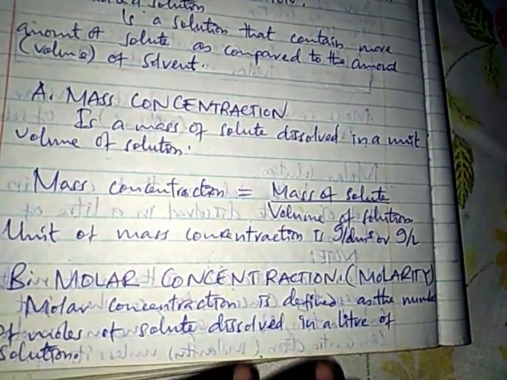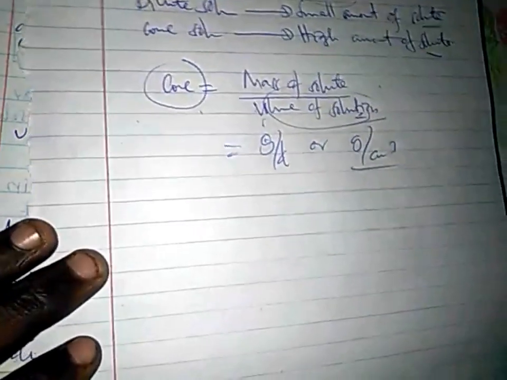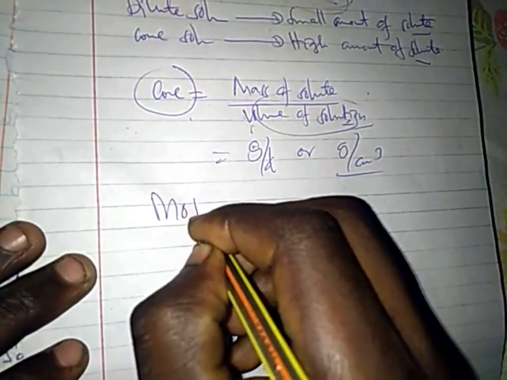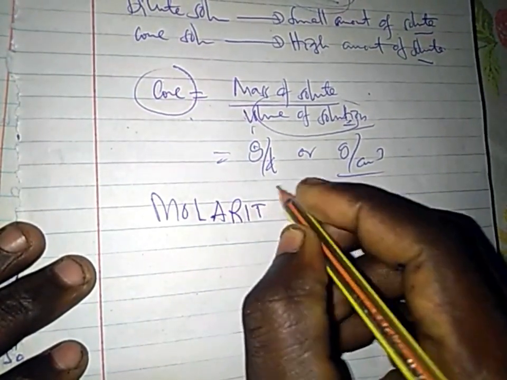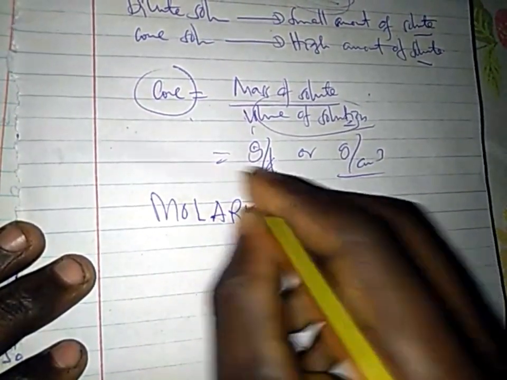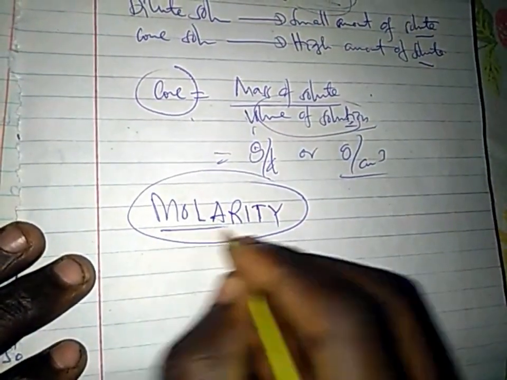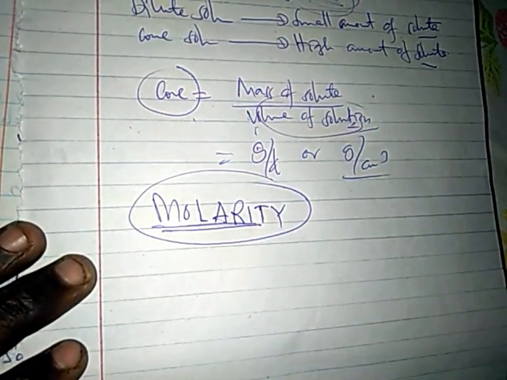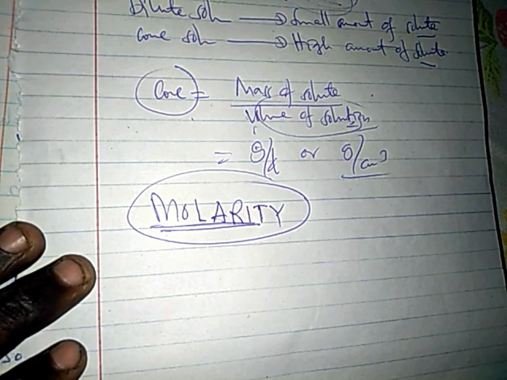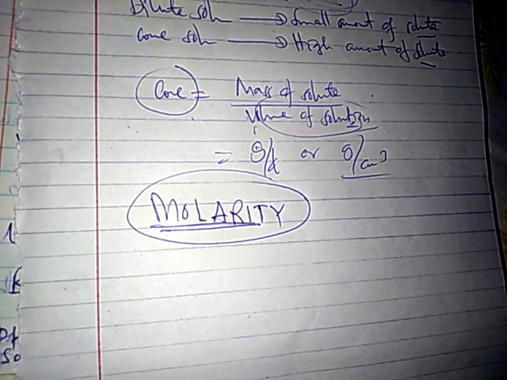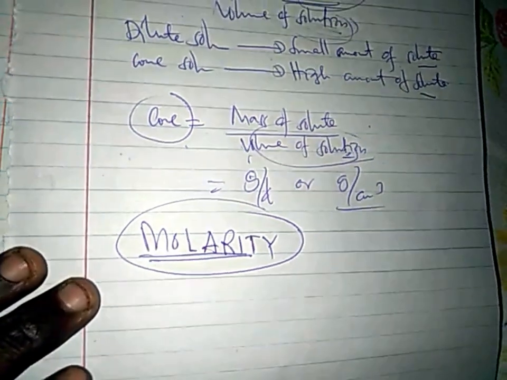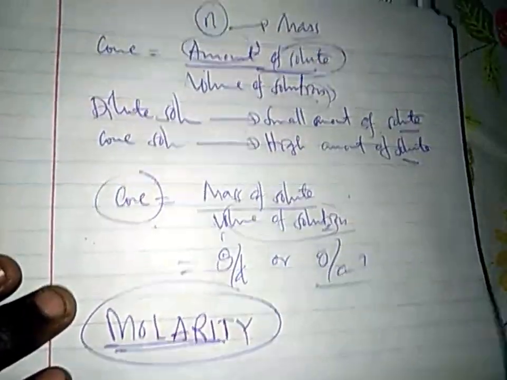Also, we have the molar concentration, also called molarity. It is very important. You may have trouble pronouncing it, but we will see a little later that there is another one with a similar name, so we have a difference between molarity and molality. Molarity is the number of moles divided by volume of solution.